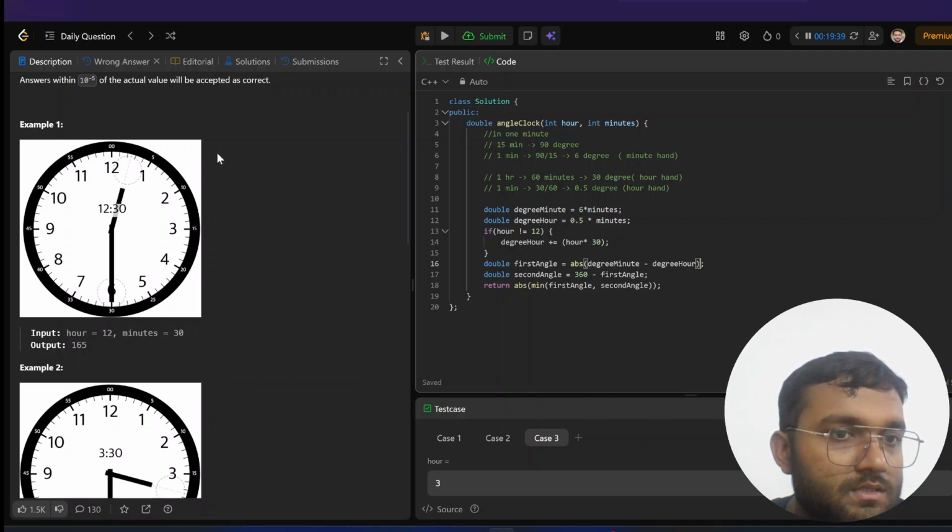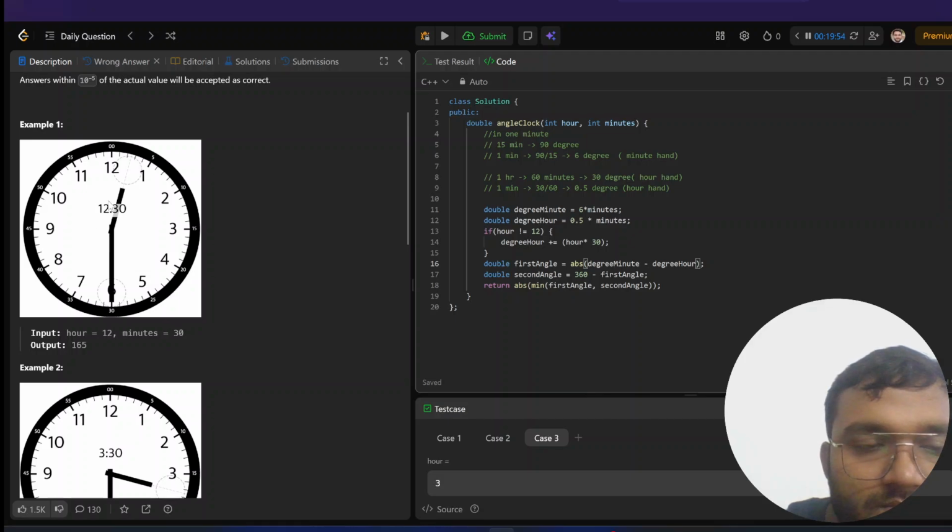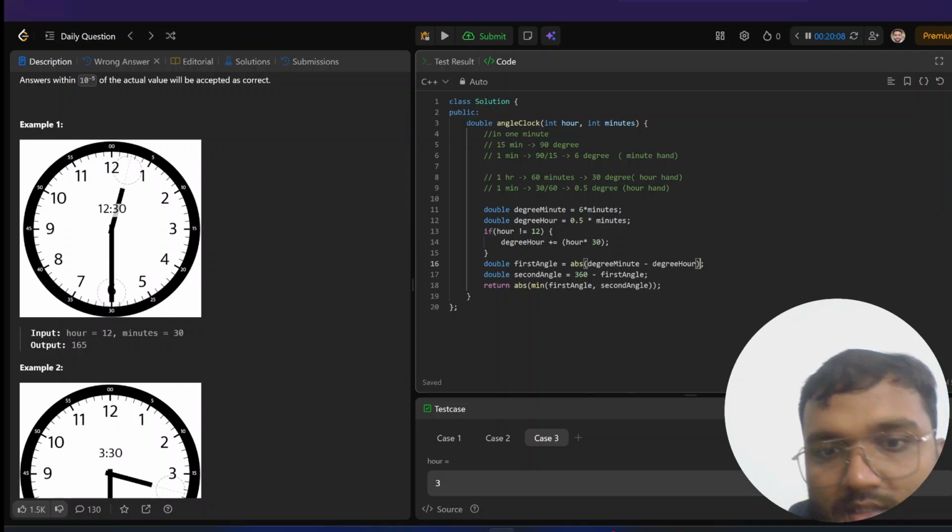No matter how that it will be done. What if there is 11:55? 11 will be here, 55 will be here. Minute and hour will be, but 11 hour, total position hour and total position minute, and then no need for absolute here, I think.